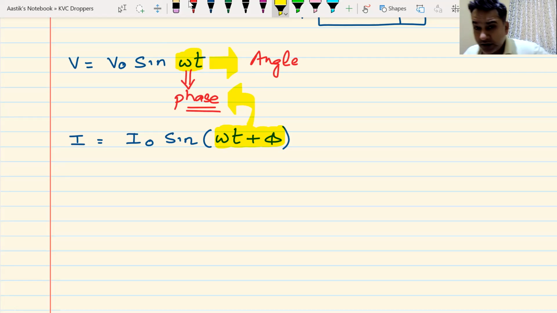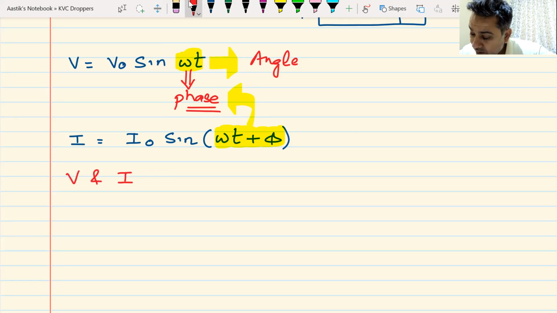Yes, sir. Now, if I compare the two phases, phase, not face, are they the same? One is omega t, another is omega t plus phi. Are they same? They are not same. Yes or no? So the phi is extra.